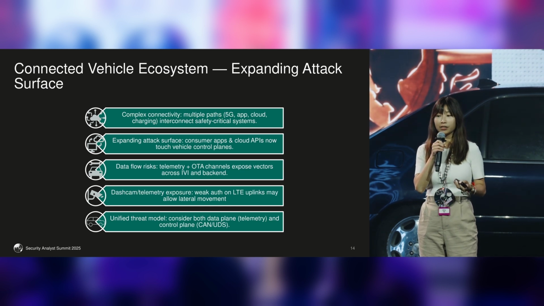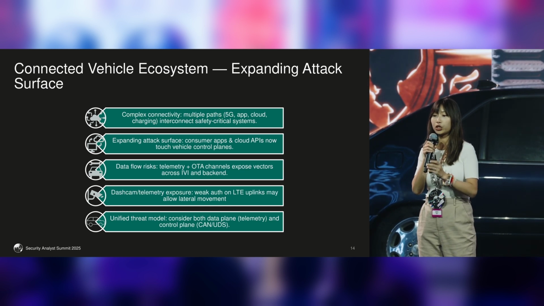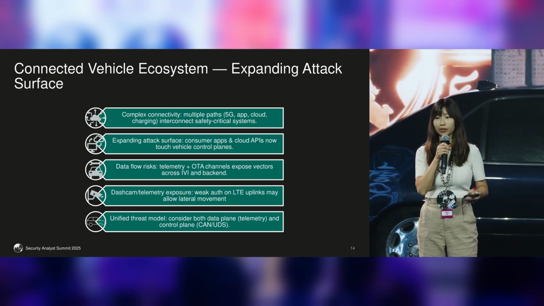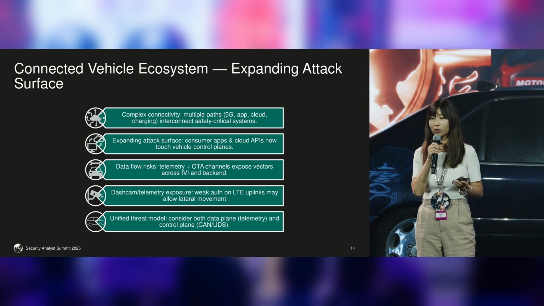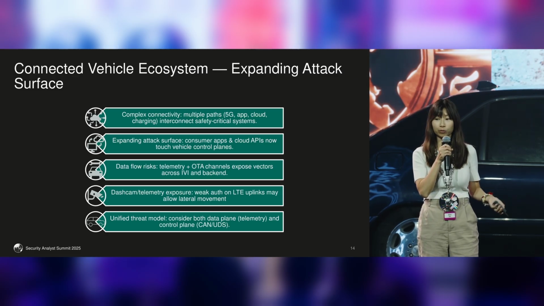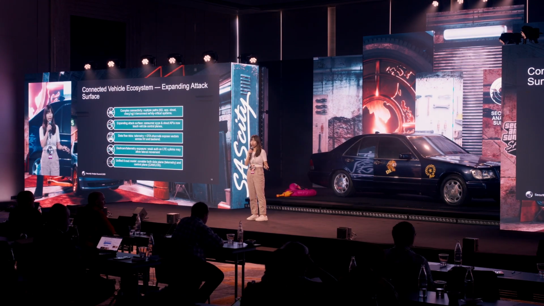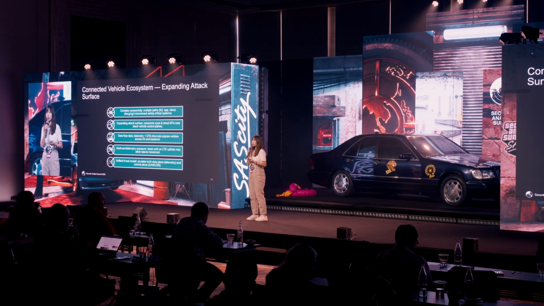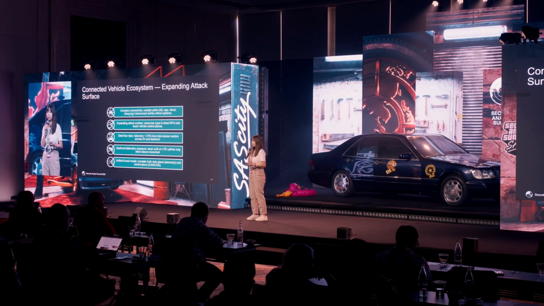Thirdly, insecure telemetry or over-the-air update channels may breach backend systems within vehicle networks. Fourthly, weak LTE authentication on dash cameras or telematics can enable lateral movement. And finally, when data and control planes like telemetry, CAN or UDS come together without proper isolation, it will create even more attack surface area.